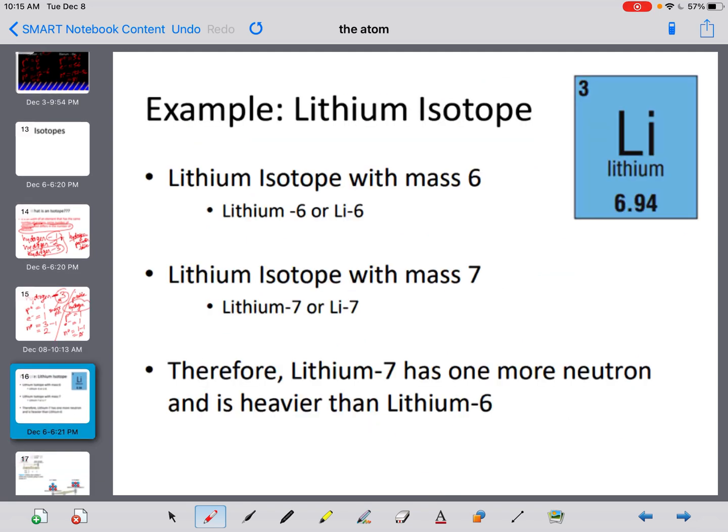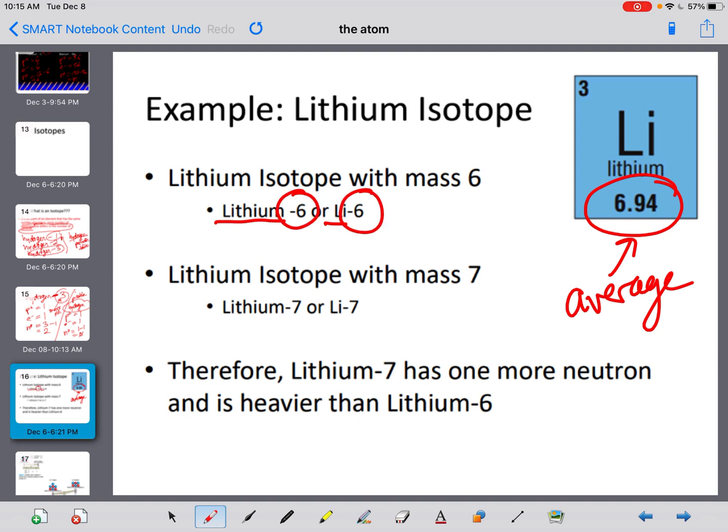So here's another example. Lithium has 2 isotopes. This value is the average from the periodic table. So you can have lithium dash 6, and you can use the name or the symbol. But what's different when you're talking about an isotope is the dash number.